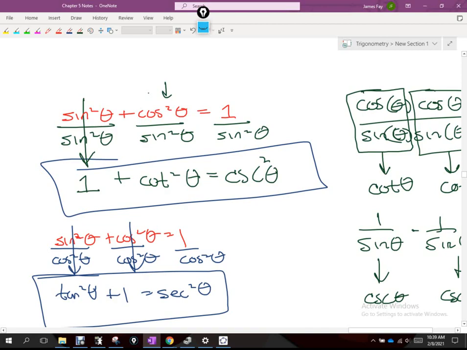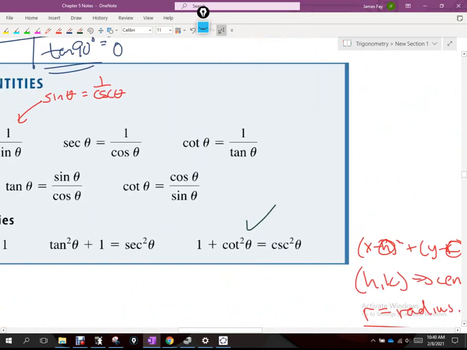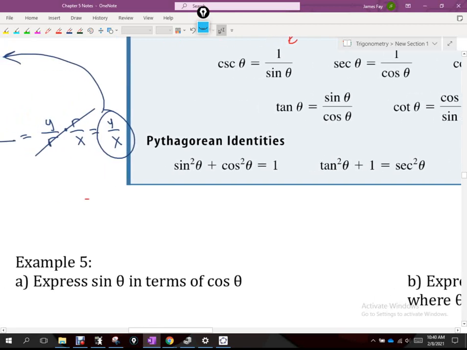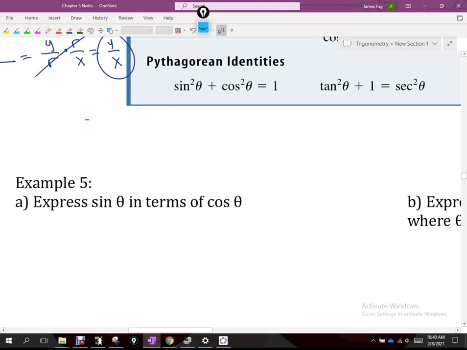Yes? This might show up in, let's say, an equation. And if that shows up in an equation, wouldn't it be easier to replace it with 1? Does that kind of make sense? That's one application. We're just trying to figure out certain relationships. So in a little bit, when we do this example right here, it says sine theta in terms of cosine theta.